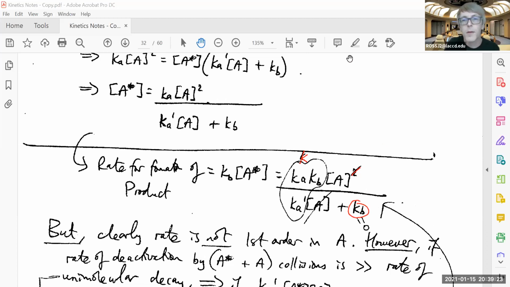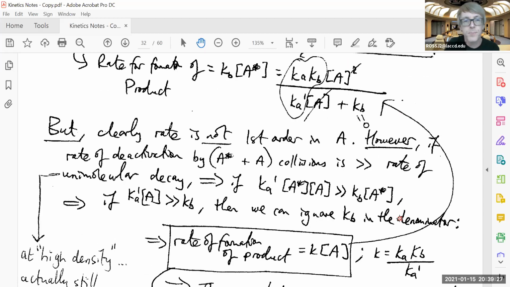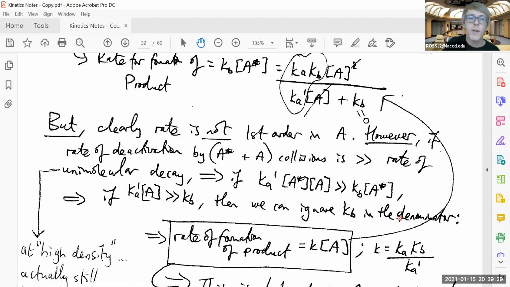Okay, so let's scroll down one last time, see how we can get rid of it. However, it doesn't look like it's first order in A. That was our problem. However, if the rate of deactivation of A star by A is the fast process, so A's collide, one is activated, and then they can go back again and just mutually deactivate each other again.